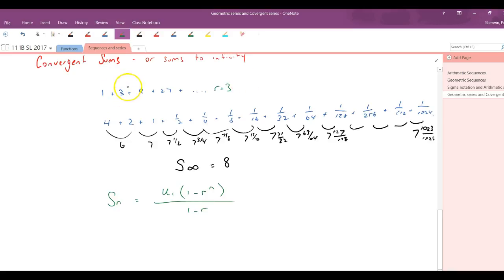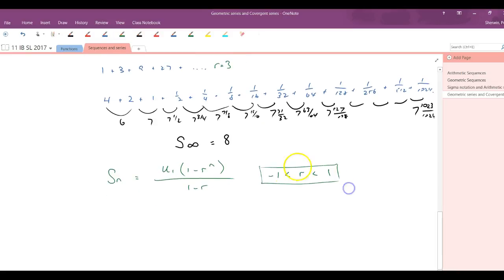So if we're doubling each time, anything greater than 1 or less than minus 1, our terms are getting bigger. And so therefore, the values of r between minus 1, not including, but between minus 1 and 1, for those values of r, what we're getting are smaller and smaller and ever smaller terms, to the point where they become so small that we're getting very close very quickly to a figure, and we're converging on it.